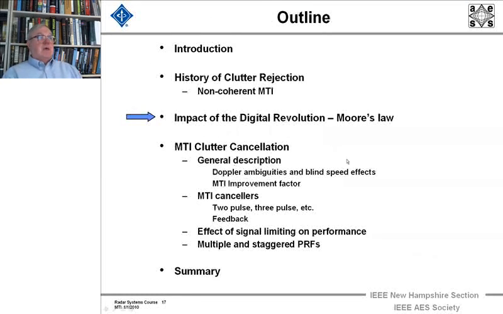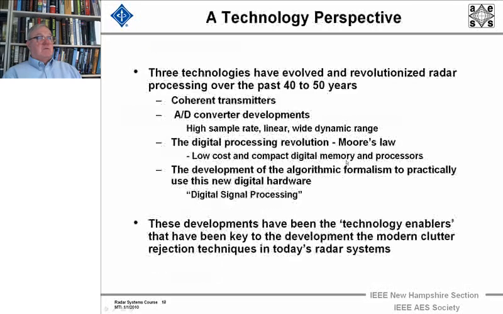Now let's look at the impact of the digital revolution. Three technologies have evolved and revolutionized radar processing over the past 40 to 50 years. Coherent transmitters, and the ability to have A to D converters to convert the analog return with a high sample rate, linearly over a wide dynamic range.